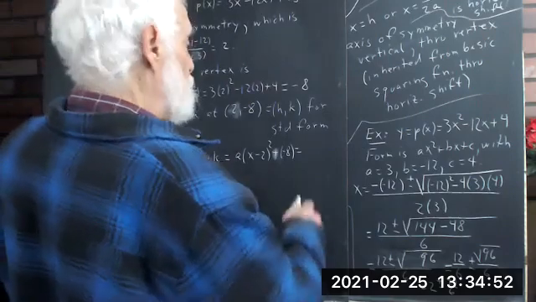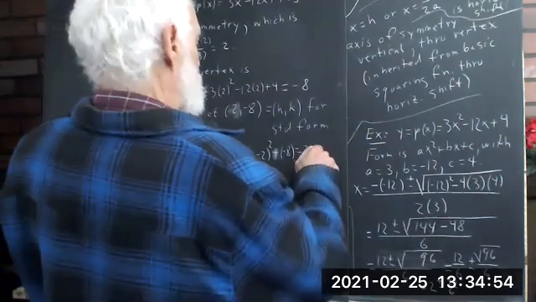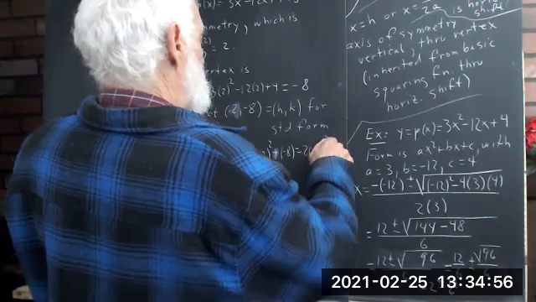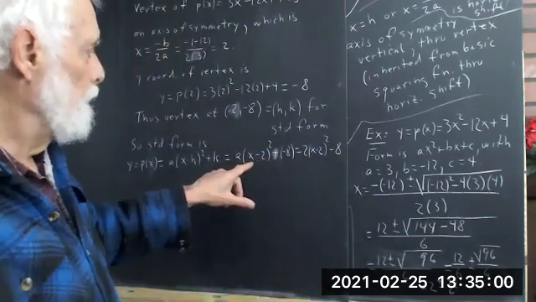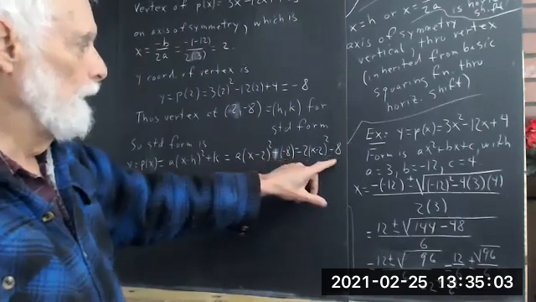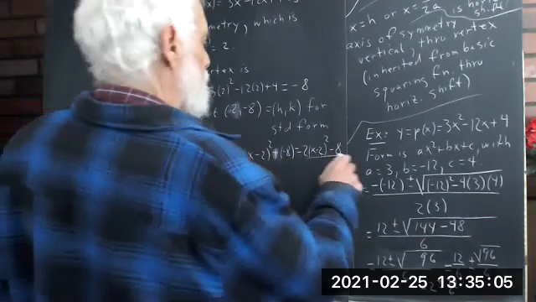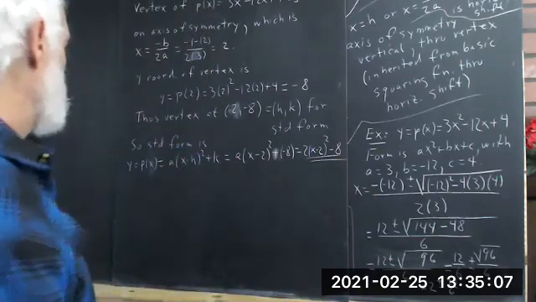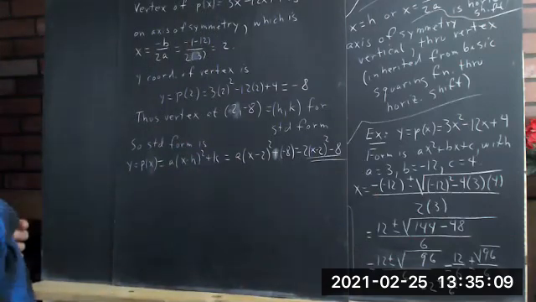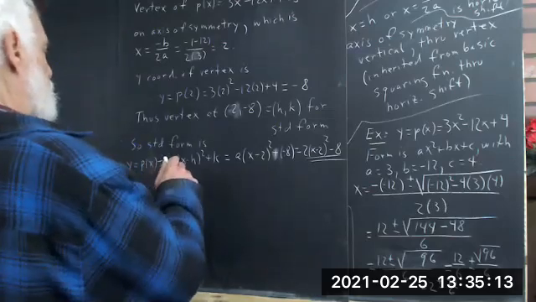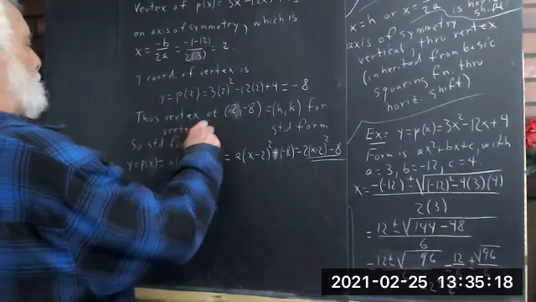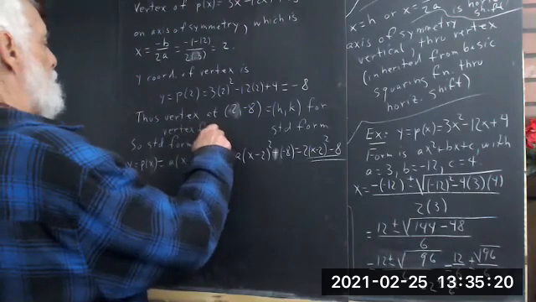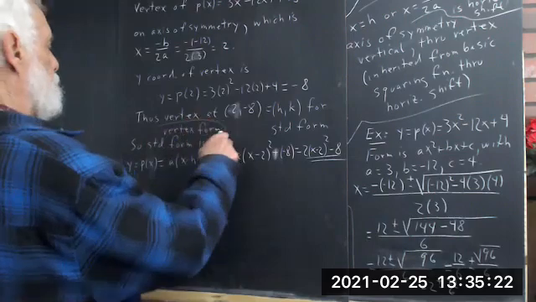So A is 2. Plug in the 2 for A, and a plus and negative 8 is just minus 8. There's our standard form. Or the vertex form.